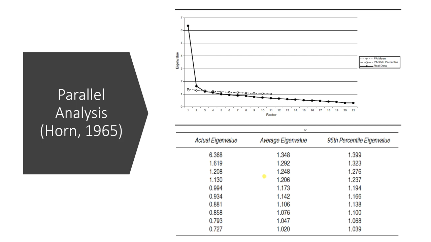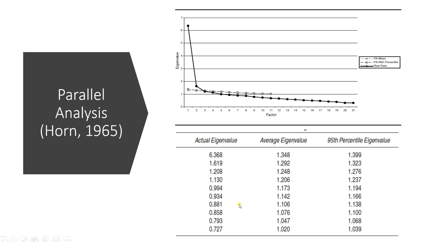So apart from scree plot, there is another method, parallel analysis, that I also discussed in my earlier lecture, but I am again going to revise it. In this parallel analysis method, we perform a vector analysis. We extract the eigenvalues on the original data or the actual eigenvalues.